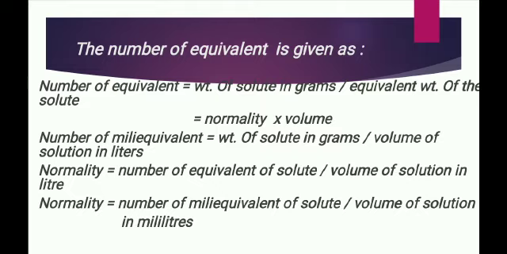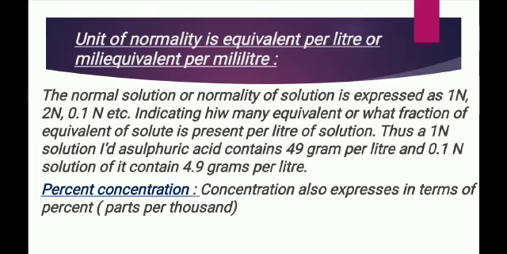Normality is nothing but the number of equivalents of the solute divided by volume in liter, or it can also be defined as number of milliequivalents of solute divided by volume of the solution in milliliter. Unit of normality is equivalent per liter or milliequivalent per liter.